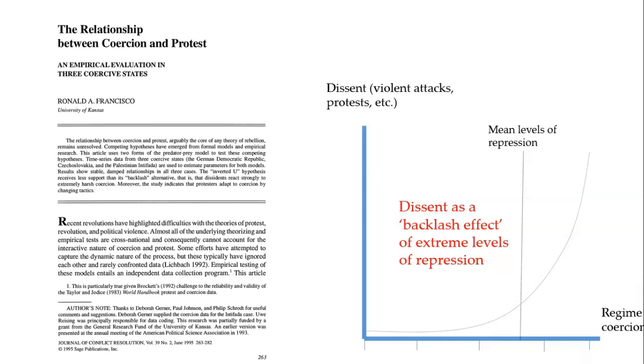This is the idea that when a regime, either an authoritarian regime or a democratic regime, incurs extreme levels of coercion, there is a backlash effect, because the citizens, regardless of the risks of mobilization or the risks of being repressed, are going to mobilize anyway to try to change the regime, right?